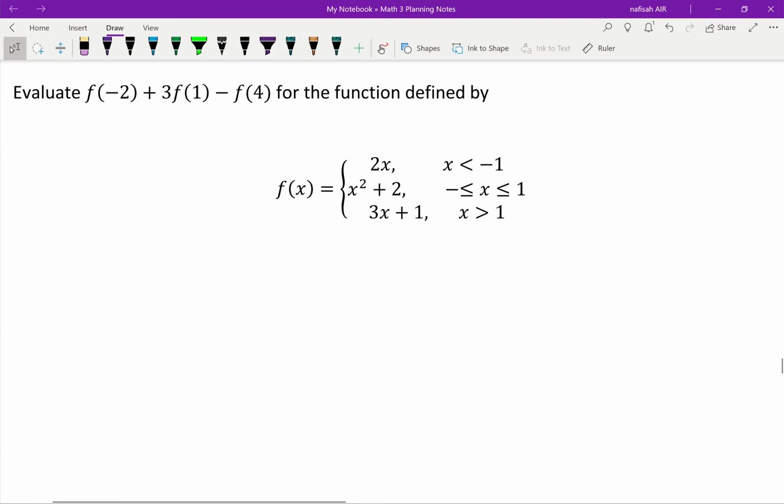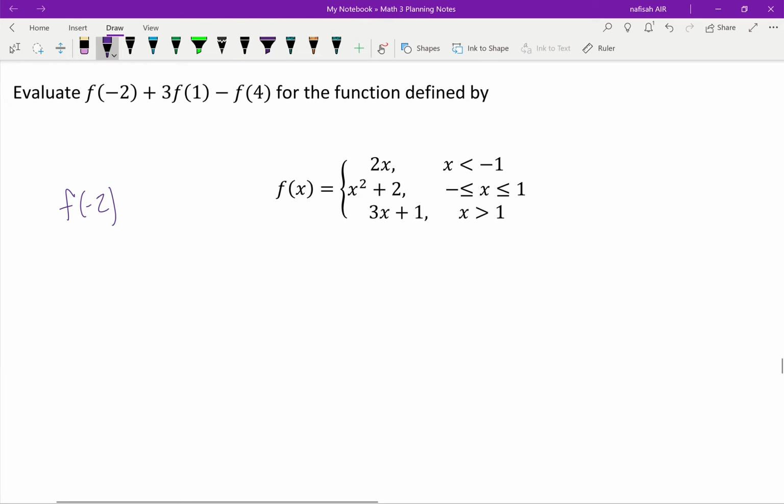If I have to evaluate this piecewise function at f of -2 plus 3 times f of 1 minus 4 f of 4, I would first need to know what f of -2 is.